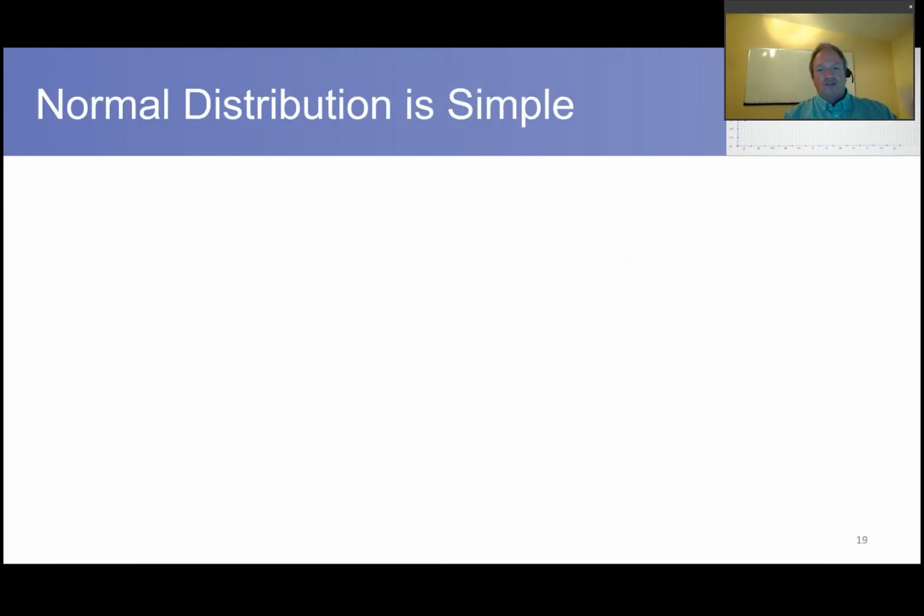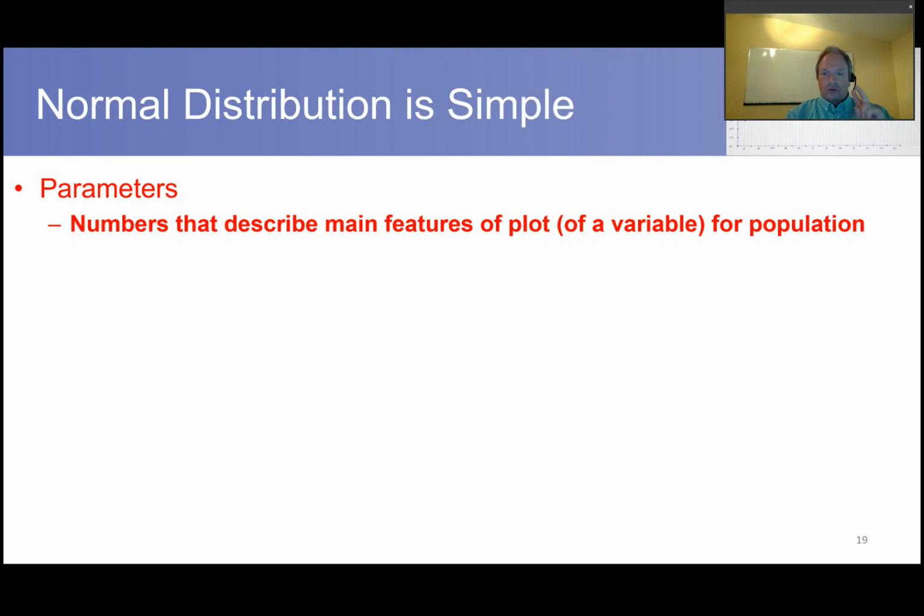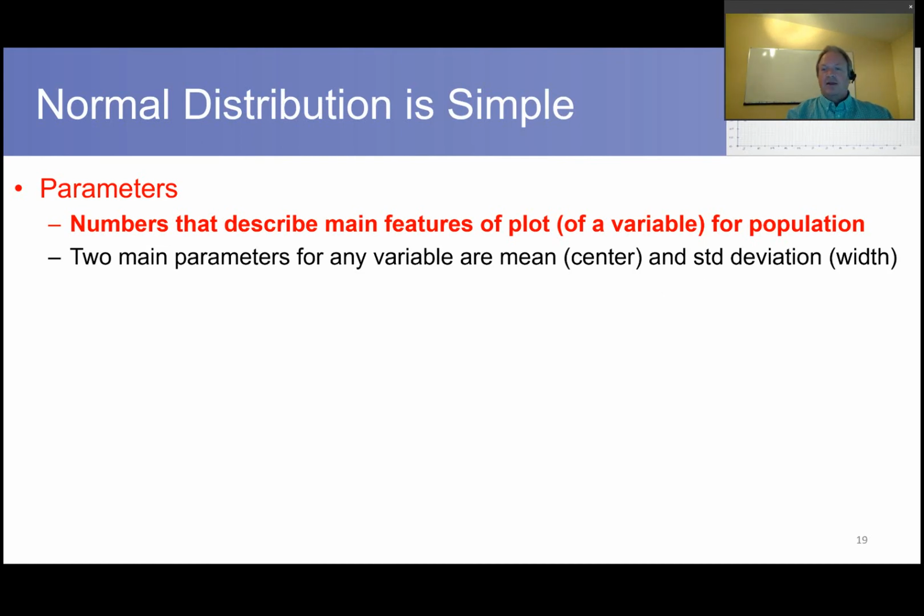Now, the normal distribution is very simple to describe. There are only two numbers that, once you tell me something has a normal distribution, completely define that particular distribution. They are the center and the spread of the normal distribution, which we know is given by the mean and the standard deviation because it's symmetric.